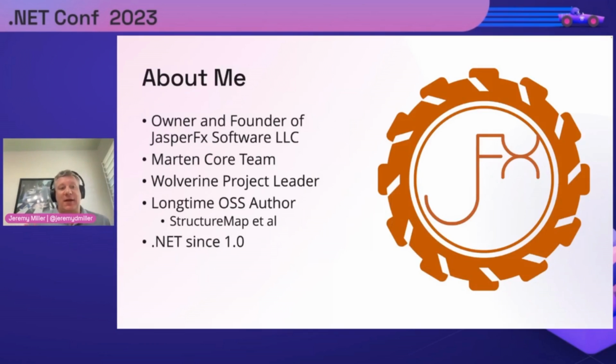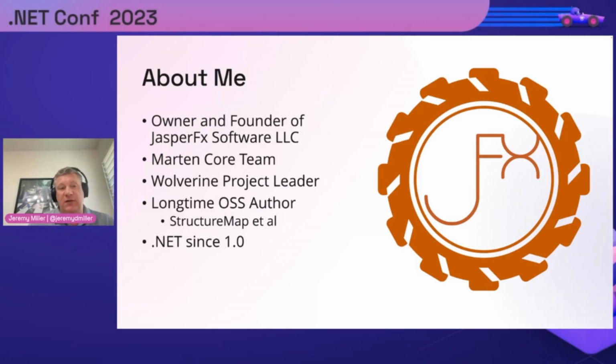So just a tiny bit about me. I have been part of the .NET community since the very, very beginning, all the way back in .NET 1.0. As a matter of fact, with the Thanksgiving week coming up in the US, I'm pretty sure that my first .NET coding was during the Thanksgiving week of 2003 to do a proof of concept using the newfangled .NET 1.0. Right now, I am the owner and founder of Jasper FX Software, LLC.